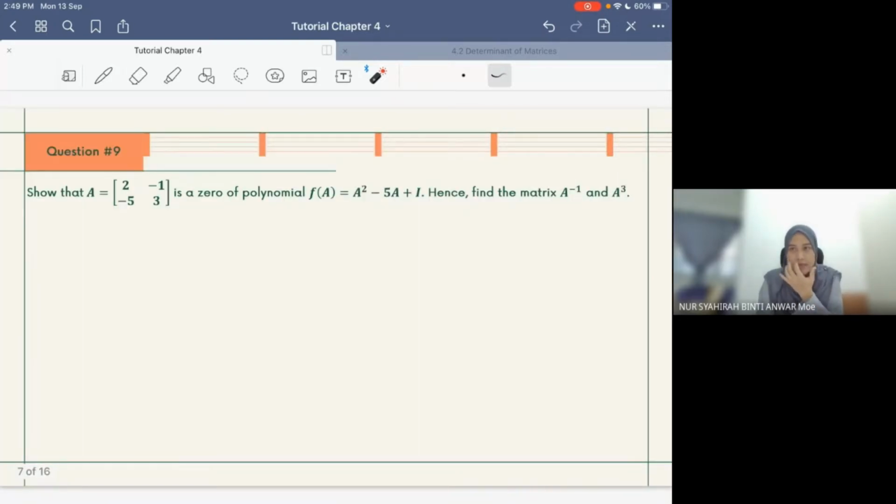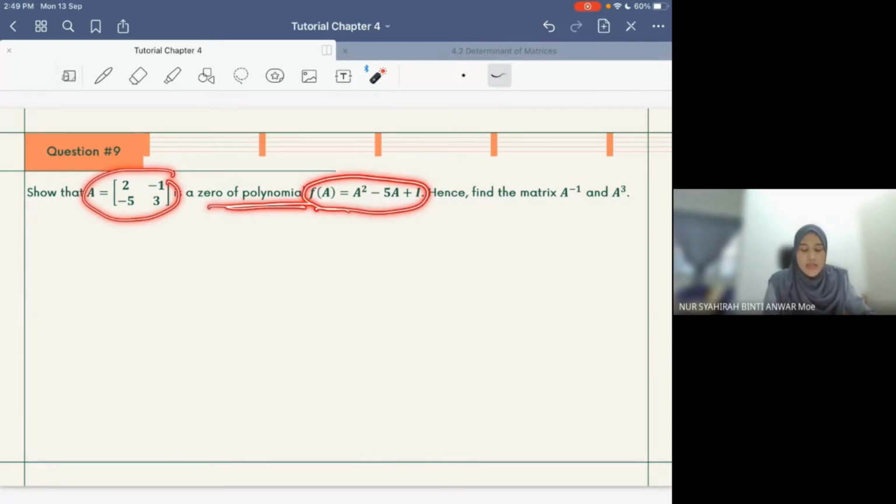Okay. Ini masih lagi soalan yang sama, properties. Sebab banyak sangat keluar banyak properties kan dekat soalan tutorial tu. Show that matrix A is a zero of polynomial. Ini. So dia bagi kita an equation. Polynomial kita adalah ini.